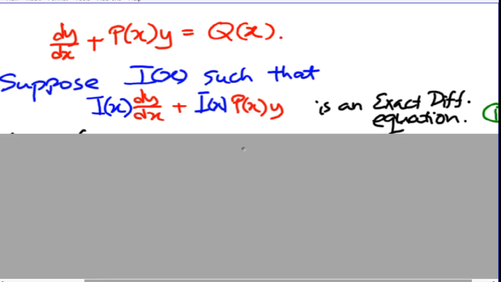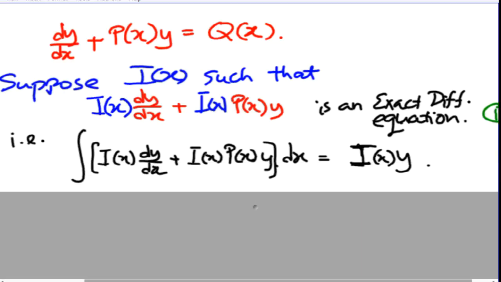So this is an exact differential equation, and we call it 1 out here, all right? And next, what that means is that if you integrate this thing over here, written here again in black, we will get I(x)y, that is the product of a function in x and y.